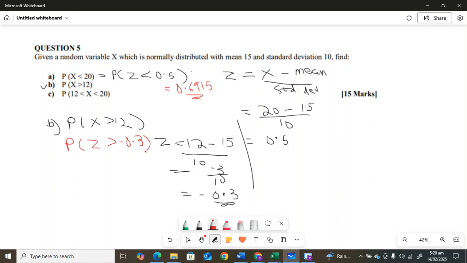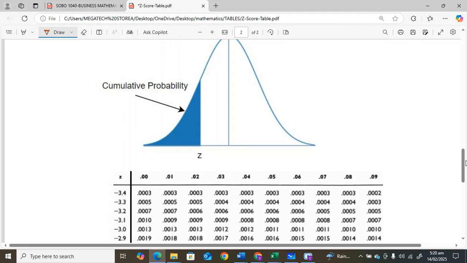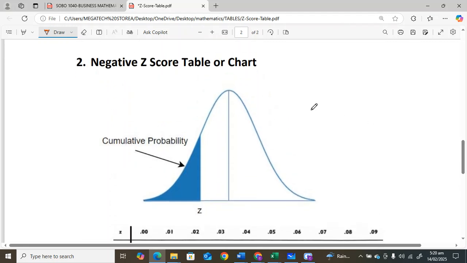So we can see our sign is pointing to the right. Okay. And we are using the area to the left table. Since our value is negative, we come to this negative one here. What we're looking for is this white area here.